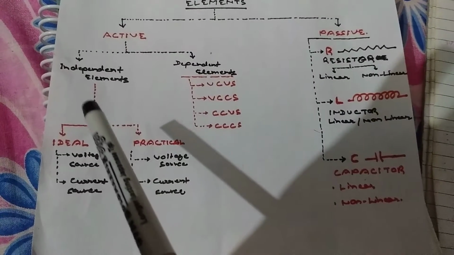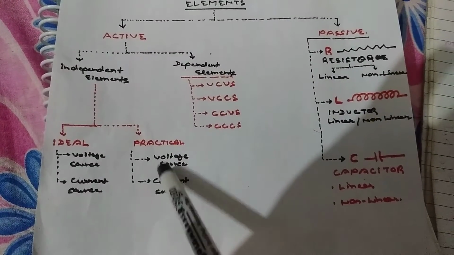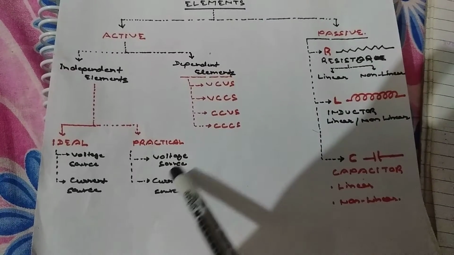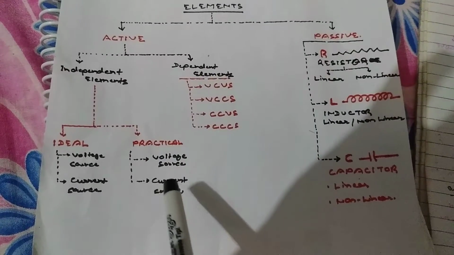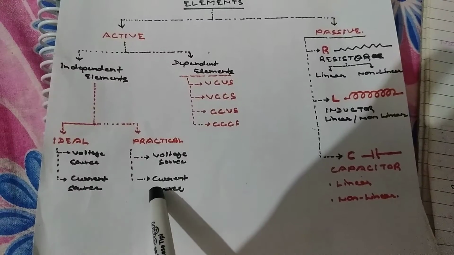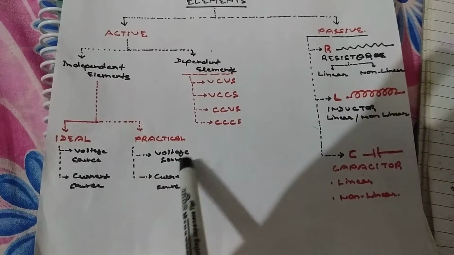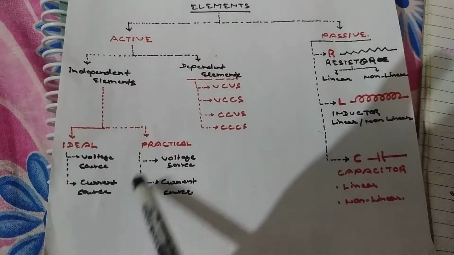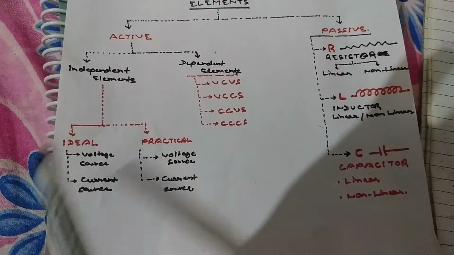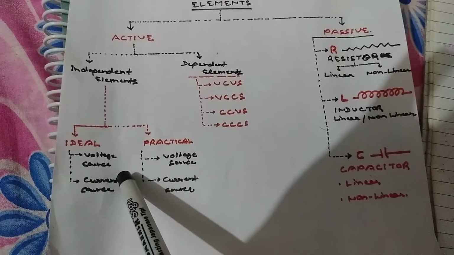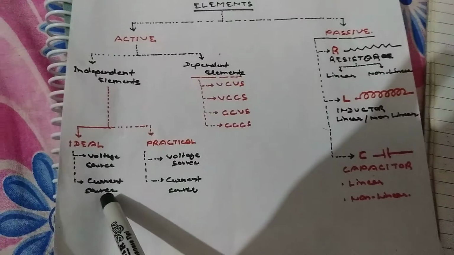Practical independent active elements are also voltage sources and current sources; ideal and practical are defined by their internal resistances.